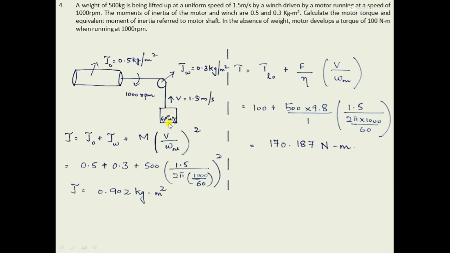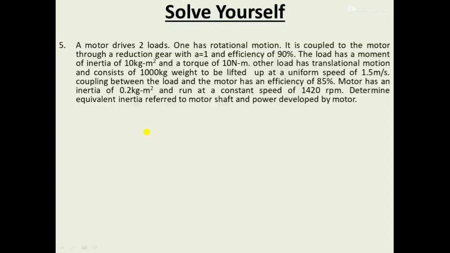So definitely the force experienced by this mass will be m into g. So the value of F in this relation is 500 into 9.8. As there is no mention of the transmission efficiency, by default we can assume it as a lossless system. So for this efficiency term we can substitute 1, because for a lossless system the efficiency will be 100%. Thereafter making the suitable substitutions.